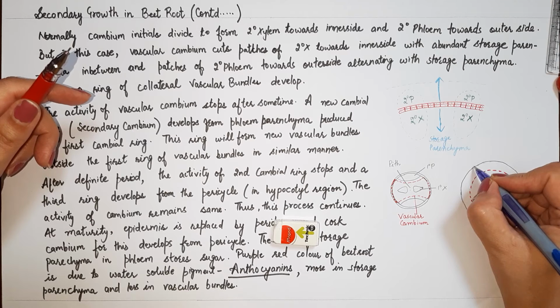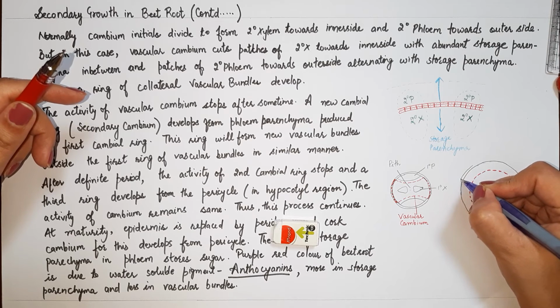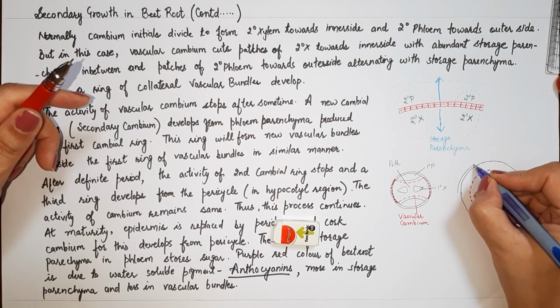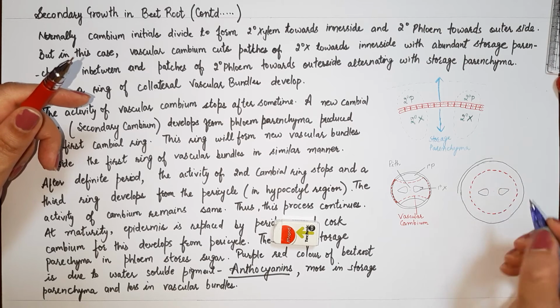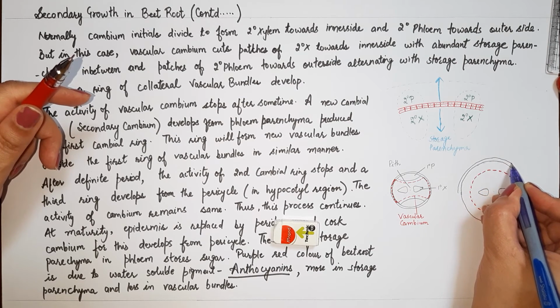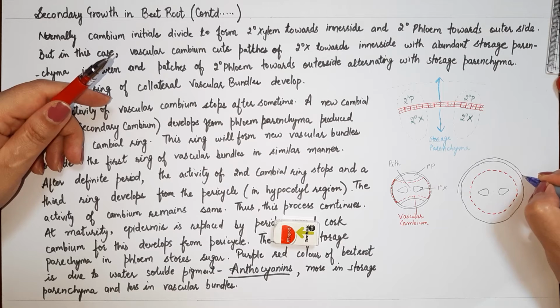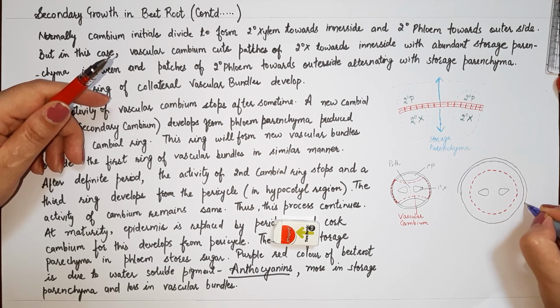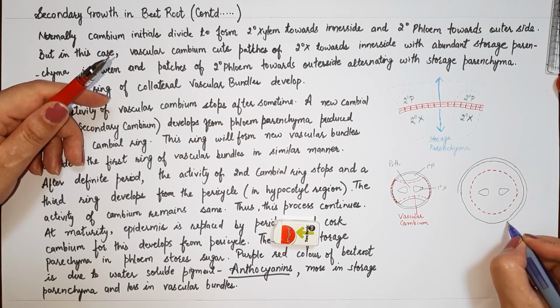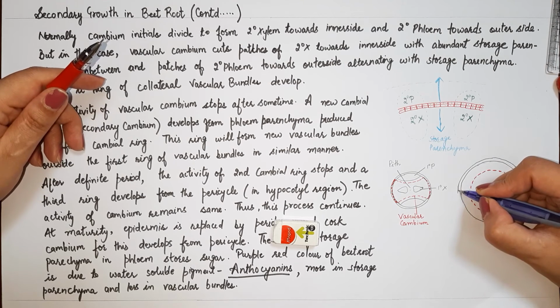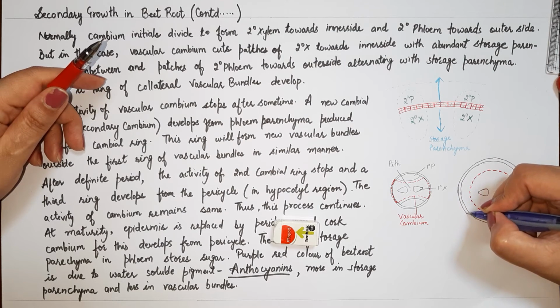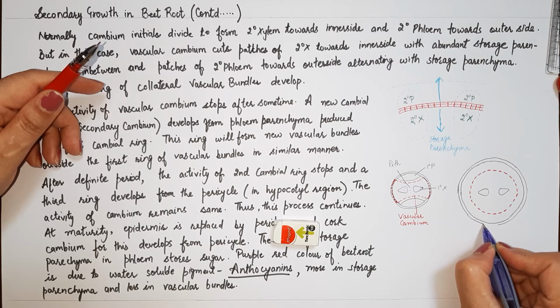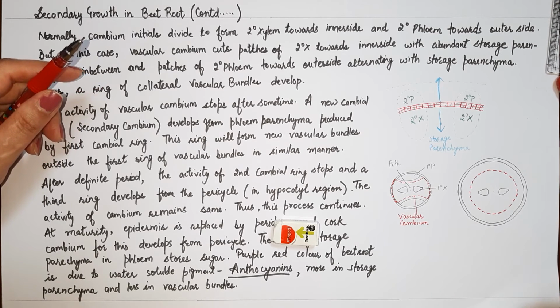So, this is pericycle, then we have endodermis, but we are not going to show multiple rings of pericycle here. So, this is pericycle.